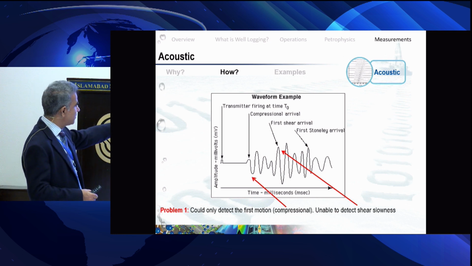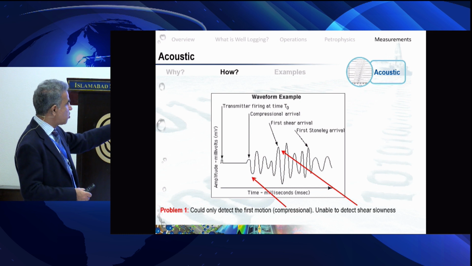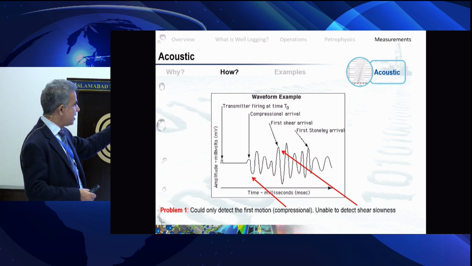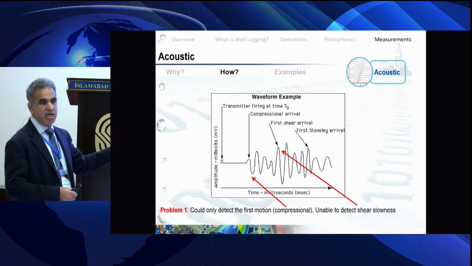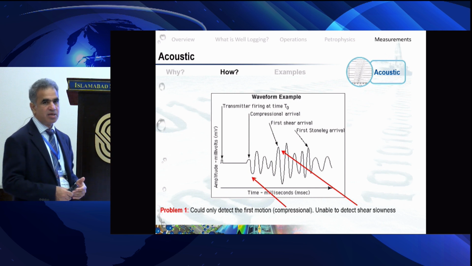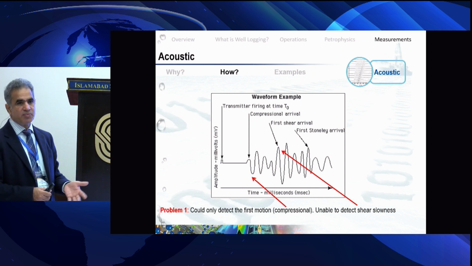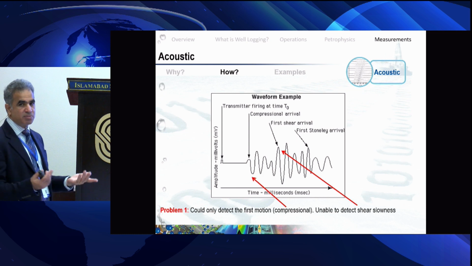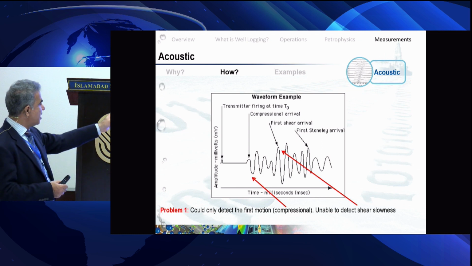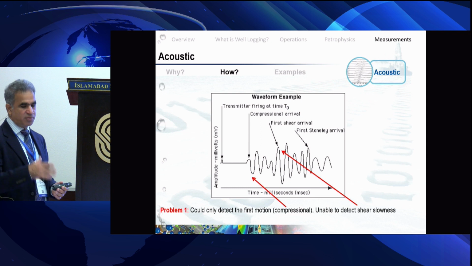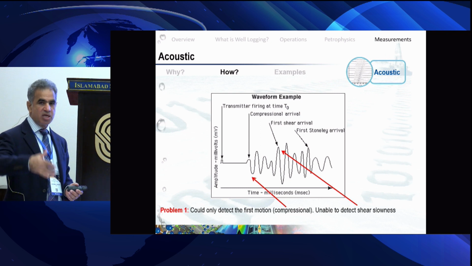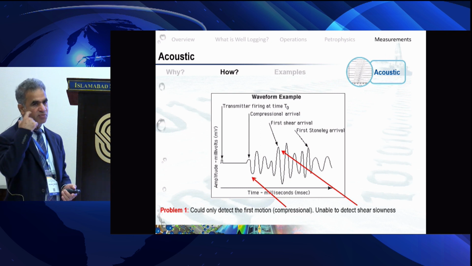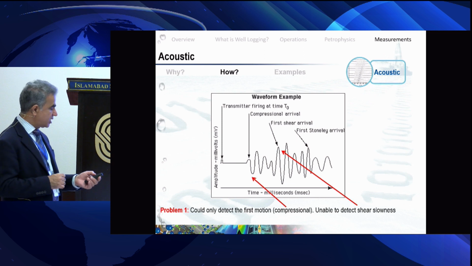This is the first one. The next one is slower, which is shear. We say DTS or DTSM; different companies use different mnemonics, but DTC, DTS. And the last one is Stoneley. Stoneley is the wave that moves along the borehole, so it's a bit slower. It's influenced by the drilling mud as well.